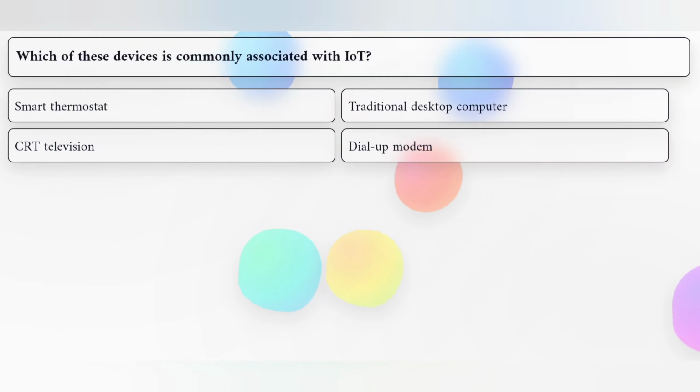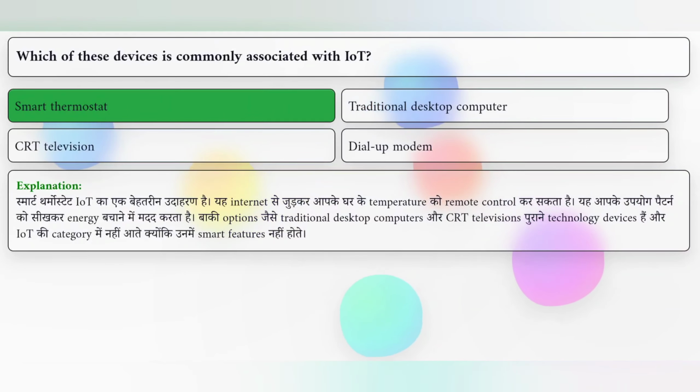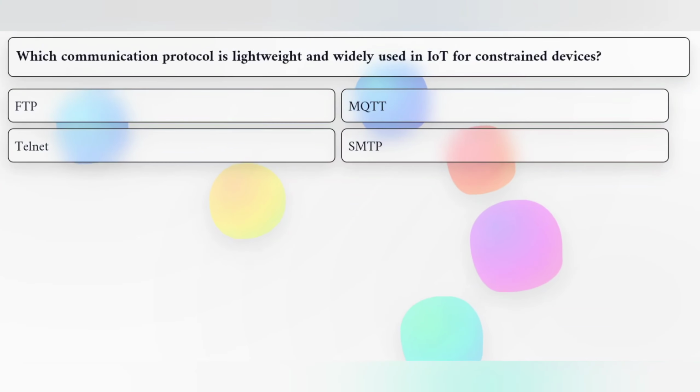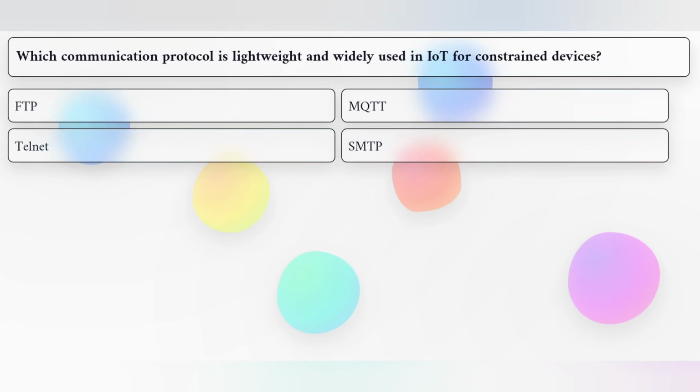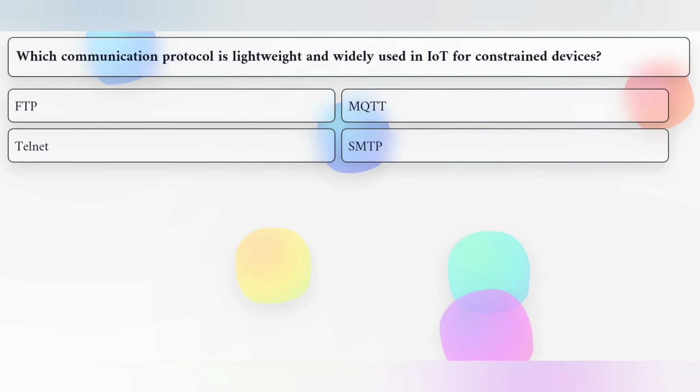Smart thermostat, traditional desktop computer, CRT television, dial-up modem. Which communication protocol is lightweight and widely used in IoT for constrained devices? FTP, MQTT, Telnet, SMTP.